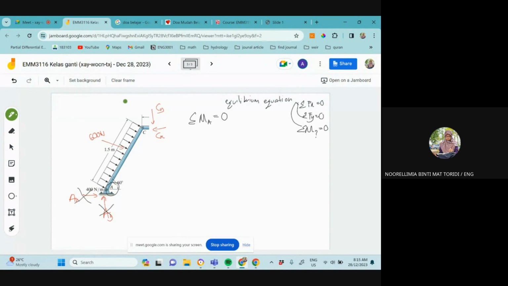If you also notice, if anything like a load, let's say we have loads. Let's say this is the road, road as in jalan, and then we have a car.